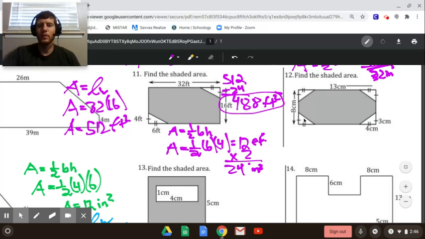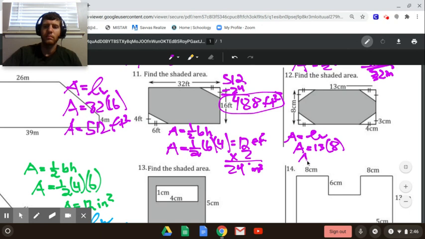Okay, last one. Area of the whole thing, again, 13 by 8. Length times width. That's 104, if I'm correct. The area of the triangle is 1/2 base times height, so 1/2 times 4 times 3. That's going to be 6.